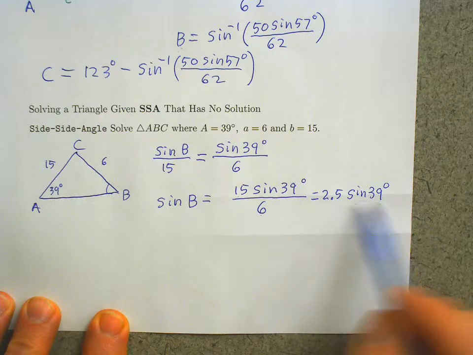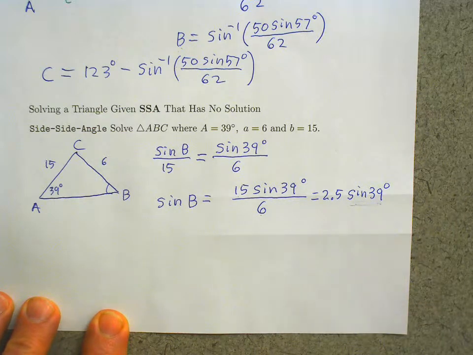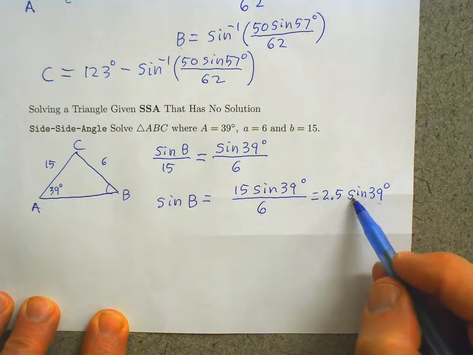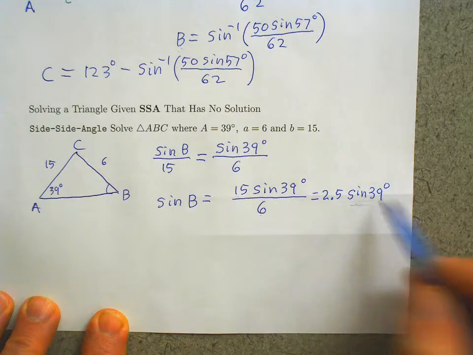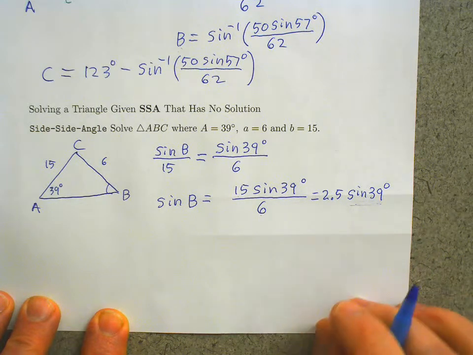We know from the graph of y equals sine of x that sine of 39 degrees is greater than 1/2.